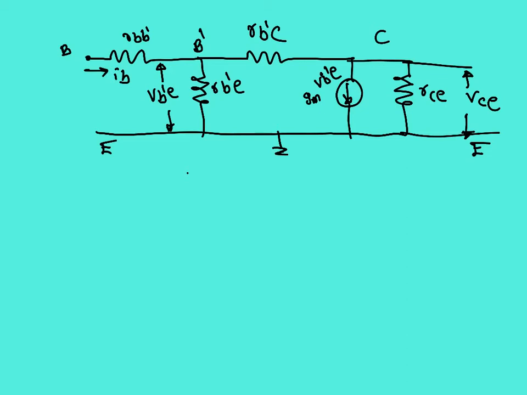If IB is equal to 0, then consider the current, which is equal to Vb'e, which is also equal to Vc. So consider current I1.